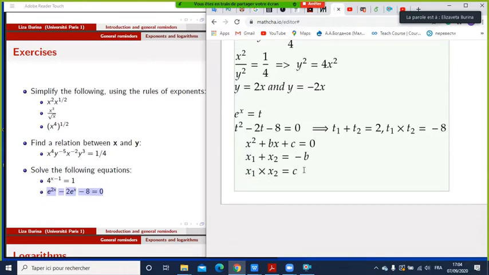I'm gonna tell you tomorrow what's the name of the theorem. And here we have t1. Well, let's write it like that. t equals minus 2 or t equals 4. That's what we said. Okay, and now let's get back. We remember that t is e to the power of x.